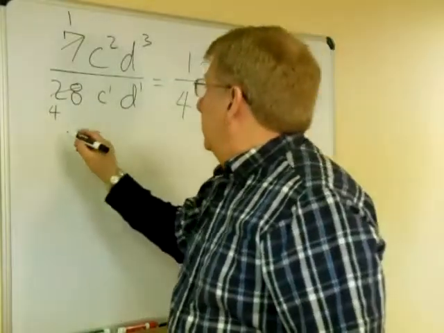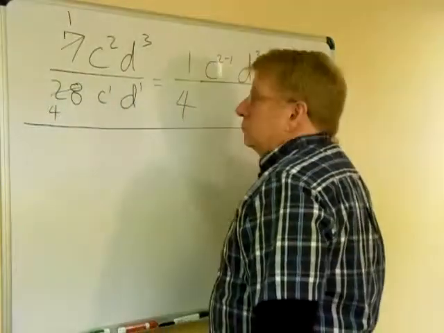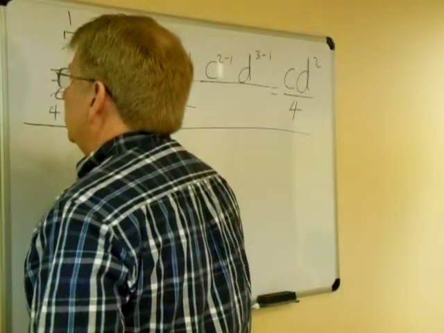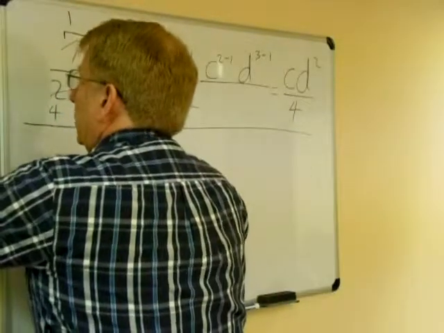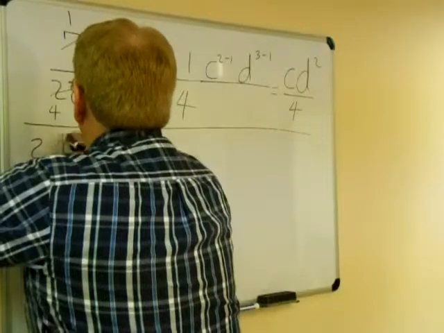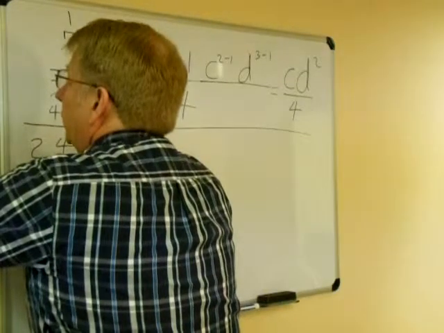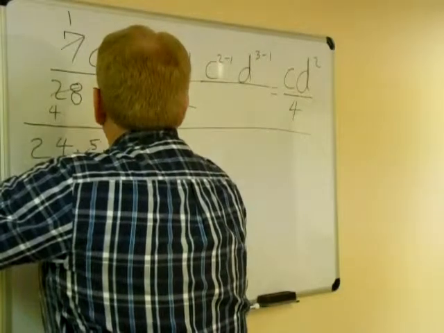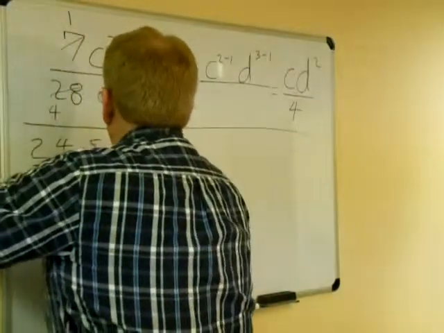So let's pick another one. For this one, we'll take 24y to the 5th plus 12y cubed over 6y.